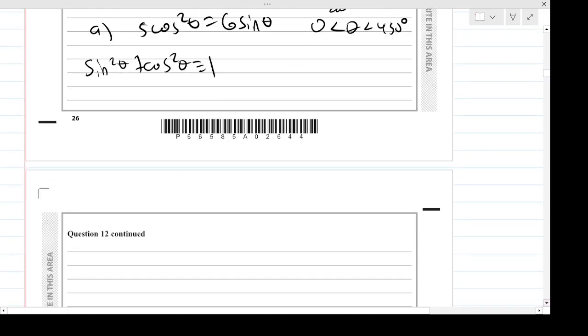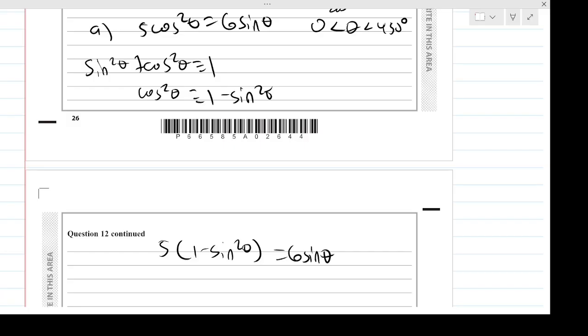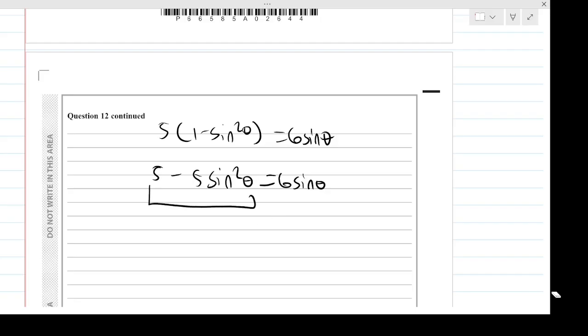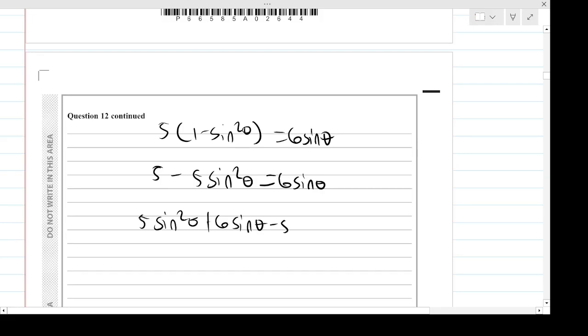If I rearrange, cos squared is 1 minus sine squared, which means the equation becomes 5 lots of 1 minus sine squared equals 6 sine theta. If I expand, I get 5 take away 5 sine squared theta equals 6 sine theta. Then if I add 5 sine squared and move everything to one side, I get 5 sine squared theta add 6 sine theta take away 5 equals 0.